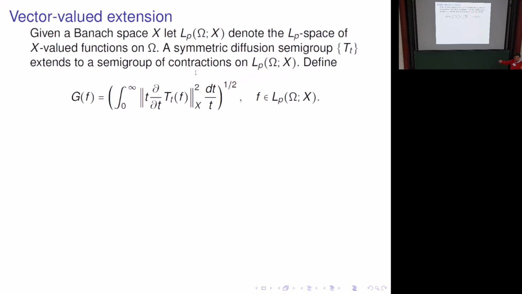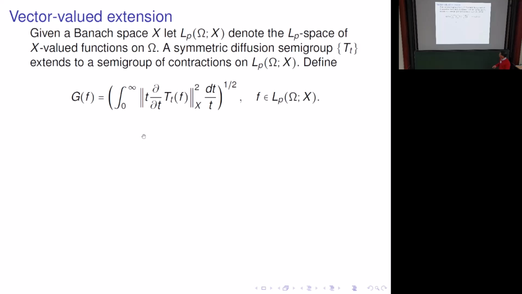Okay, I just imitate the previous construction of the square function, replacing the absolute value of complex lambda by the norm of x. So we can still form the same square function, of course not for all f, but for some f in a dense subset of L^p(X), such that the partial derivative exists.